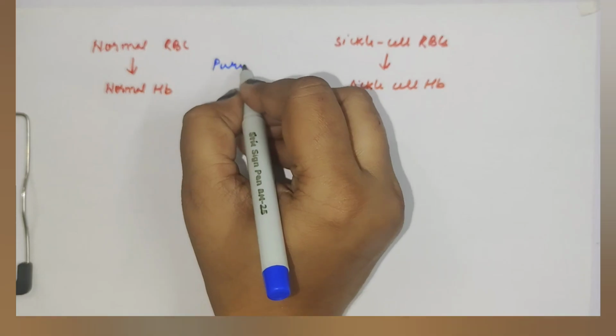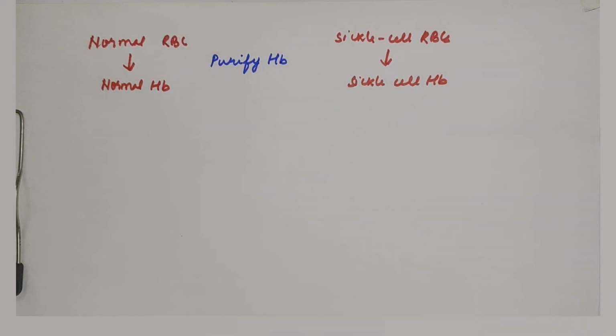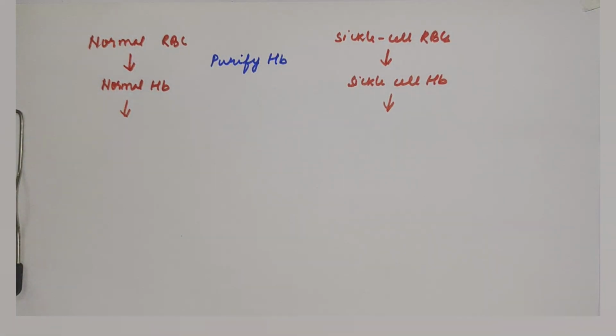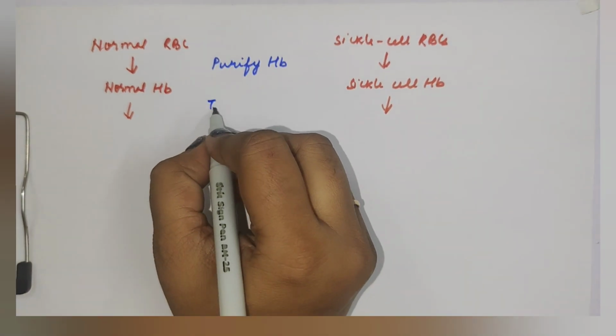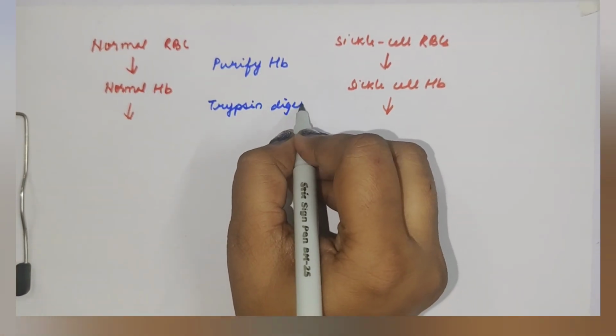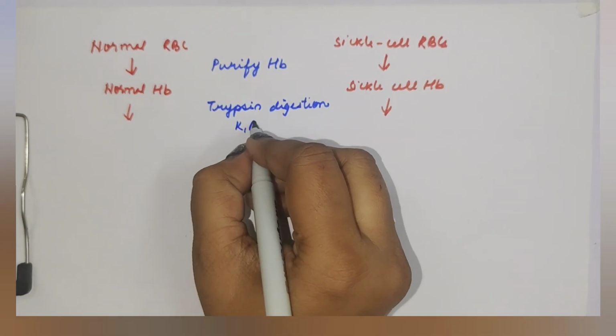From the normal RBCs, normal hemoglobin will be purified, and from the sickle cell RBCs, the sickle cell hemoglobin will be purified. After purifying both the hemoglobins, they will be digested with the enzyme trypsin.